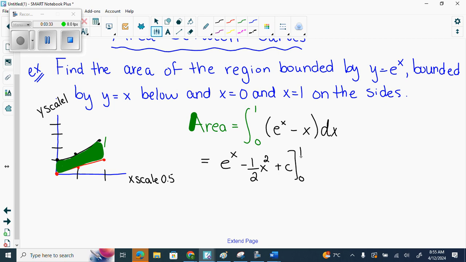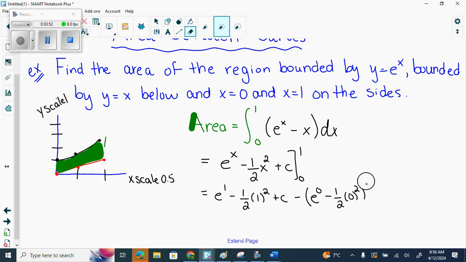So we're going to get e to the 1 minus 1 half 1 squared plus c, minus e to the 0 minus 1 half 0 squared plus c. And the plus c's cancel.